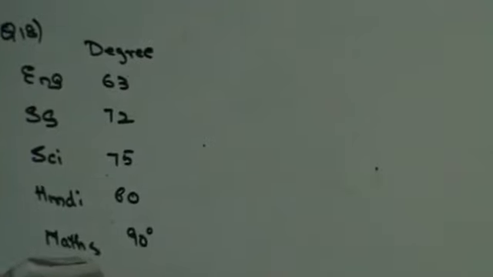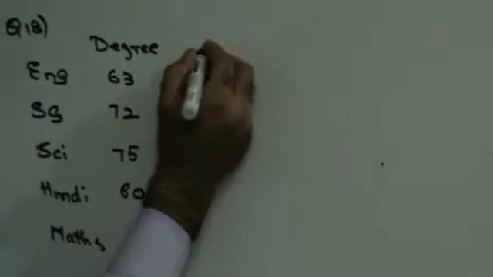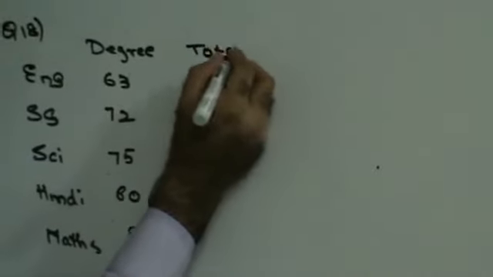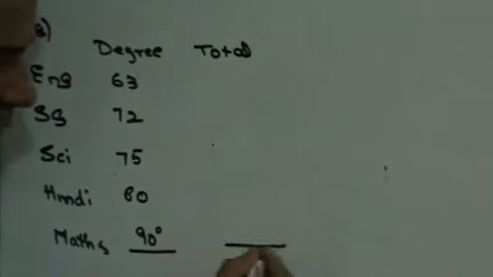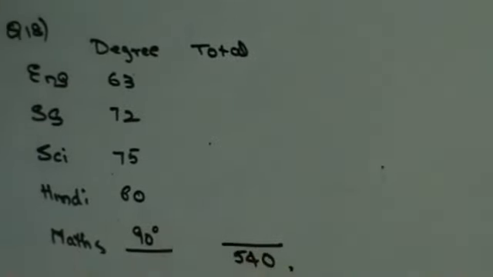Now, they said study the graph: the subject in which he has scored 108 marks. The student has scored 540 marks in all.